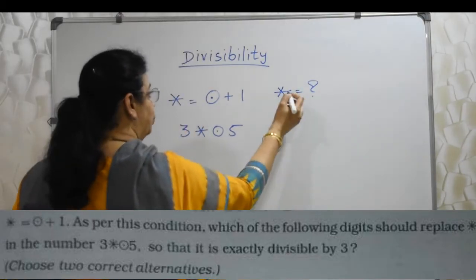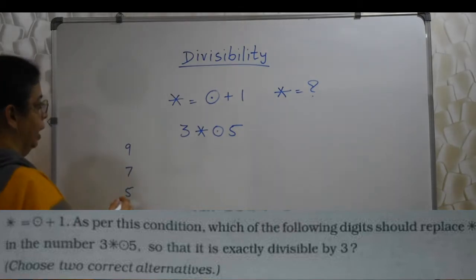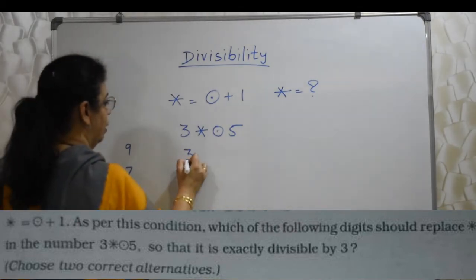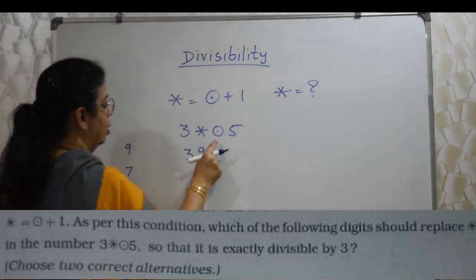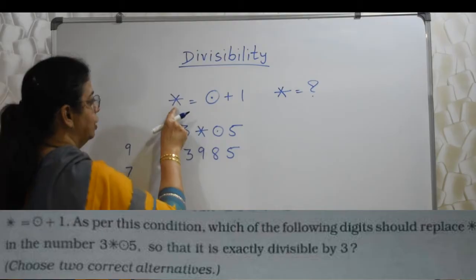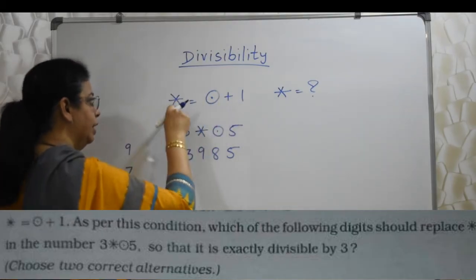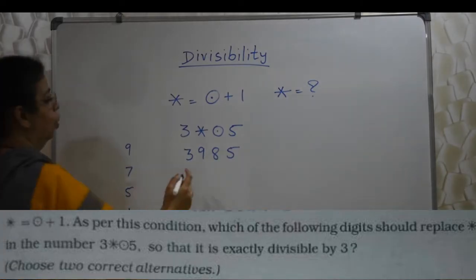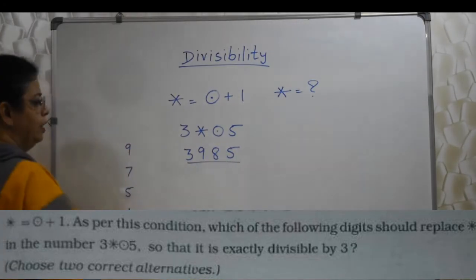So take the first one. If asterisk is 9, then this digit will be 8, because adding 1 to 8 gives 9. So my actual number will be this. Now apply divisibility of 3.